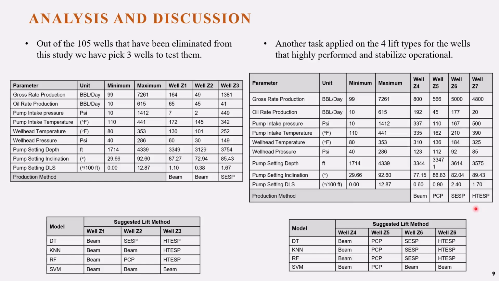When we ran them on the model, all the models agreed almost entirely with the current lift system. So we have beam for well Z4, PCP for Z5, similar to the current method; for well Z6, 3 of them suggest standard ESP except SVM; and well Z7 also suggests high temp ESP except SVM.